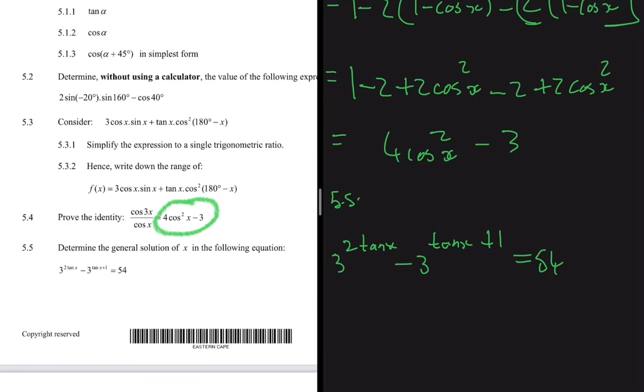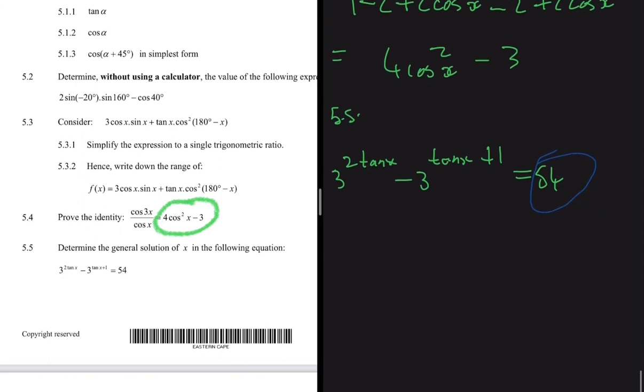When I see a question like this, I always look for the easy way out. Usually that is writing 54 in terms of 3, so you can drop the bases and work with the exponents. But it's so bad that we cannot do that, so we have to find another way of solving this.